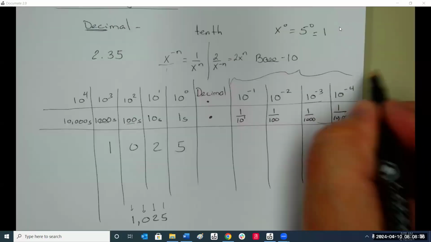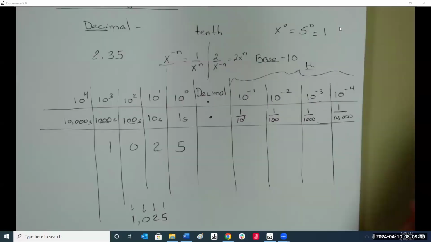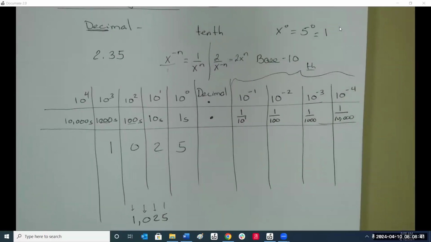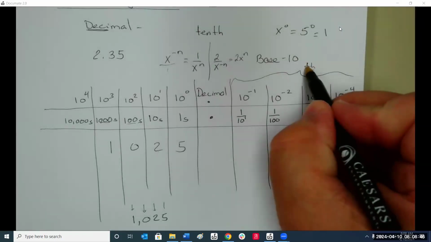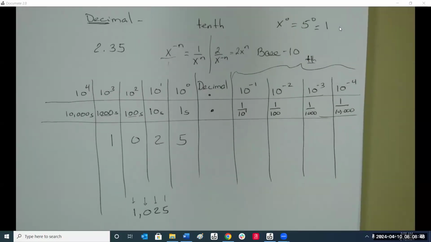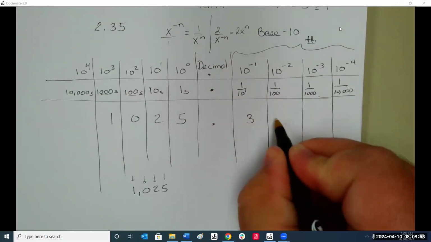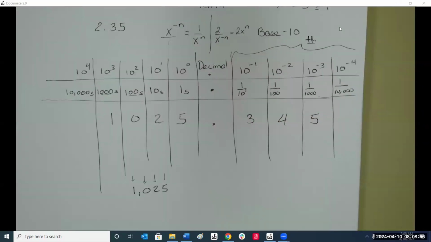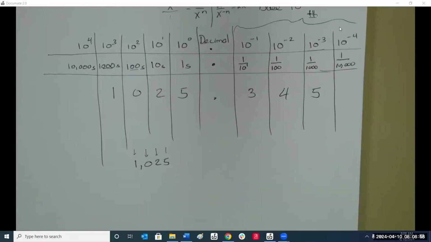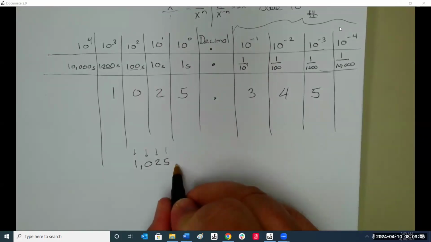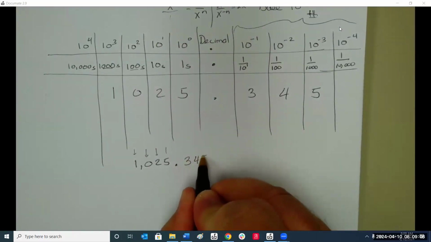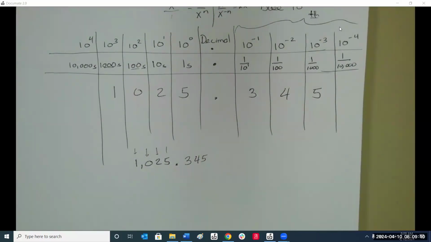These are the numbers: 1/10, 1/100th, 1/1000th. So now our number looks like this.